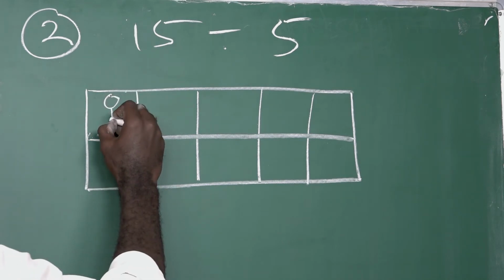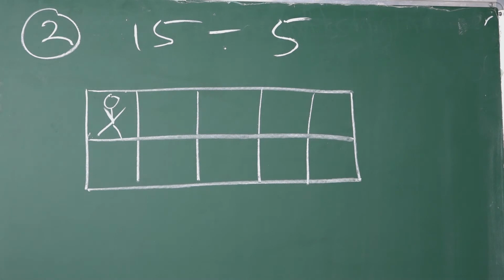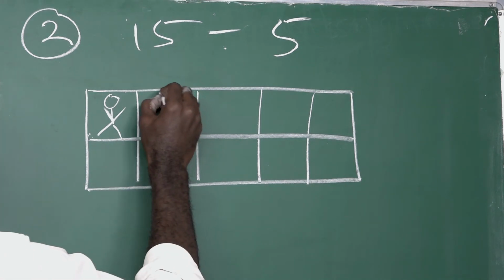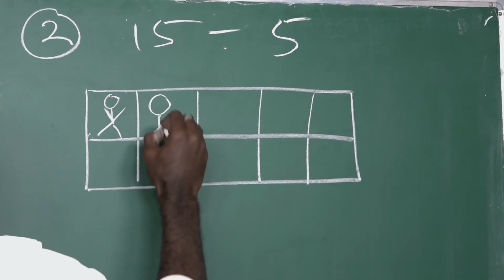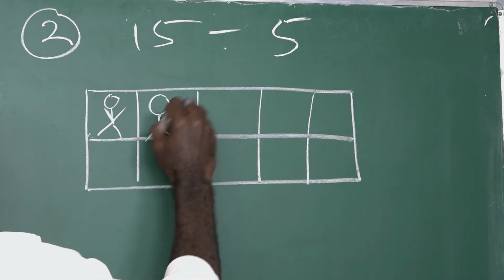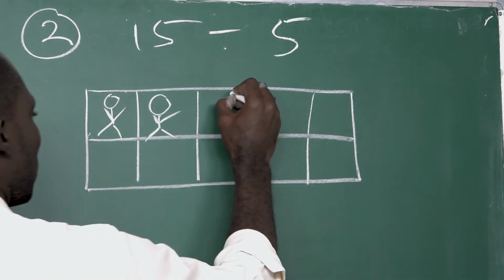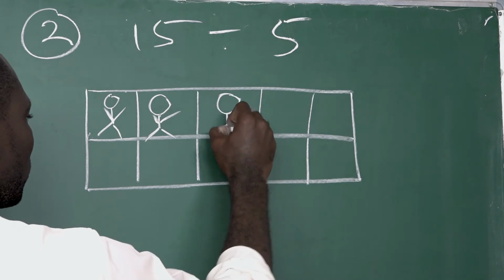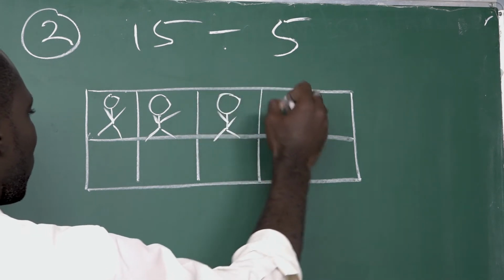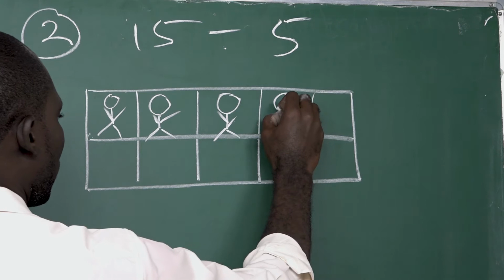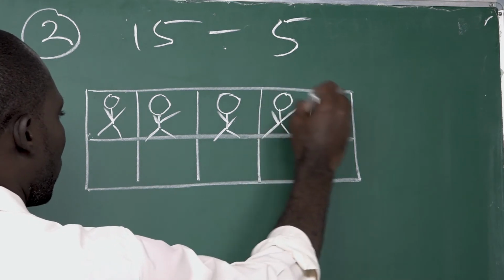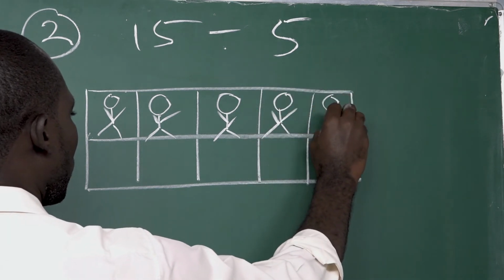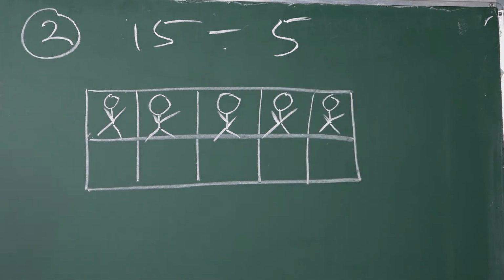This time around, we can say they are girls. 5 girls. We are using this symbol to represent girls.